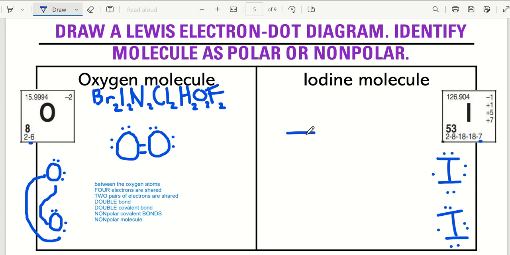When I have two, again, I like to take one and connect it by a bond to a second one. That accounts for unpaired electron bonded to unpaired electron. Anything else unpaired? Nope. Just add the dots that are left and do not leave them out. And just like oxygen, it is a non-polar bond and a non-polar molecule.